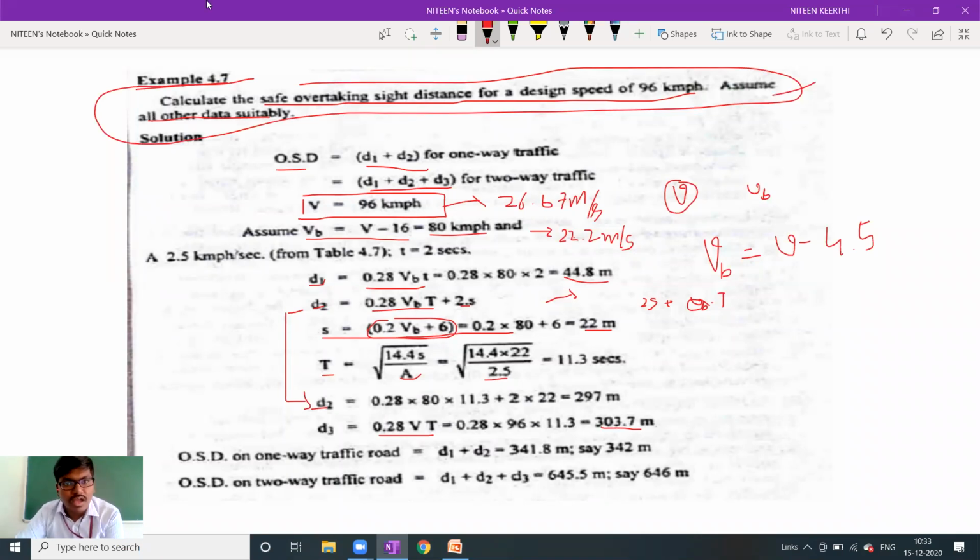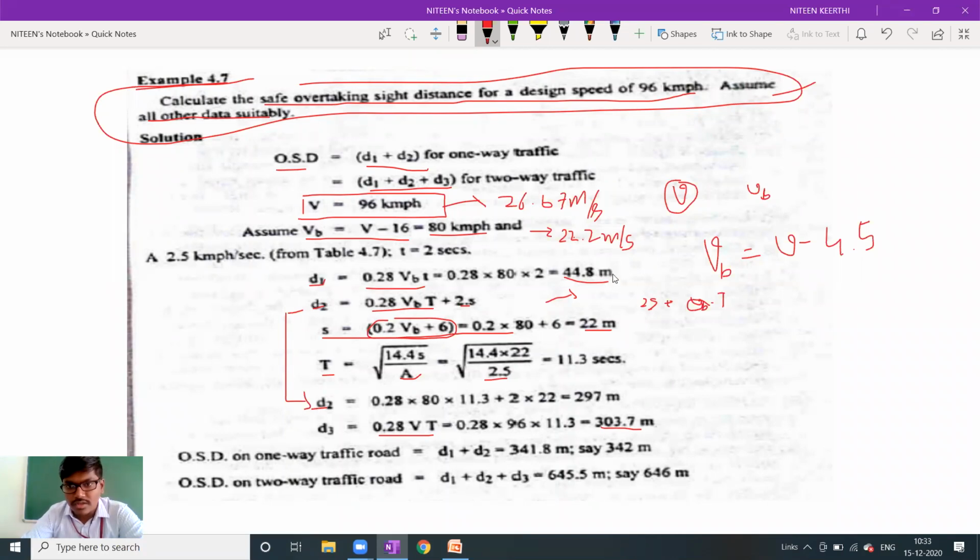Give me the values of S and capital T in the afternoon. I will be having class again at 2:50, and again at 11 o'clock, if possible. So in the afternoon, I need this question's solution using the previous question details like small s, capital T, and D1, D2, D3.